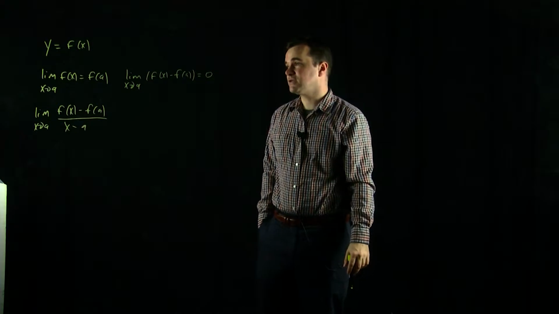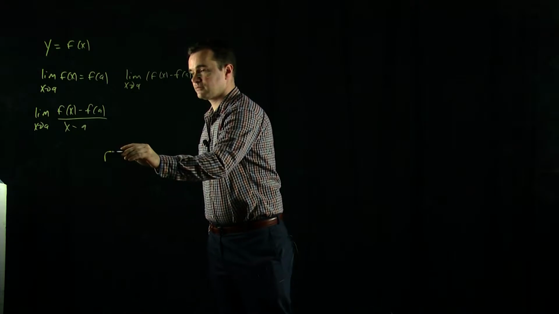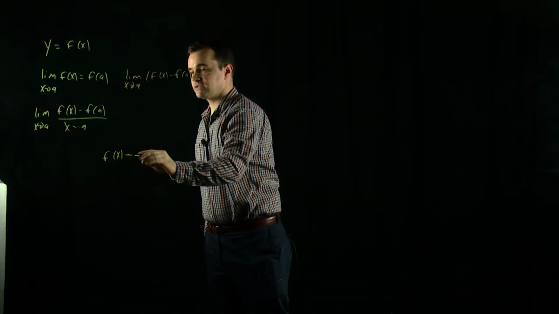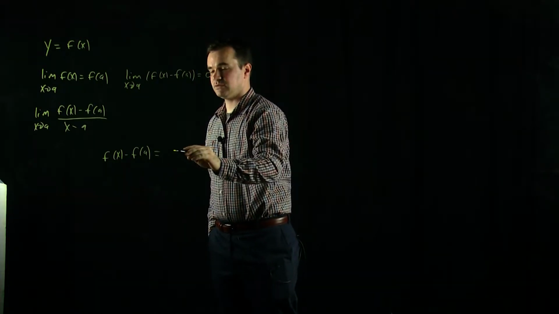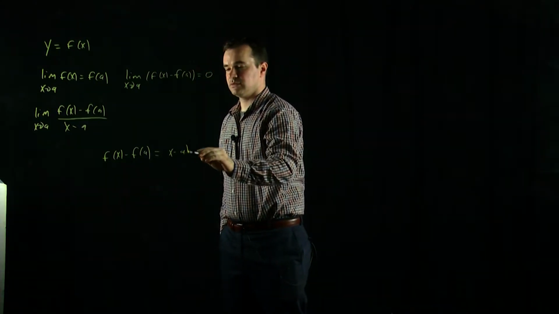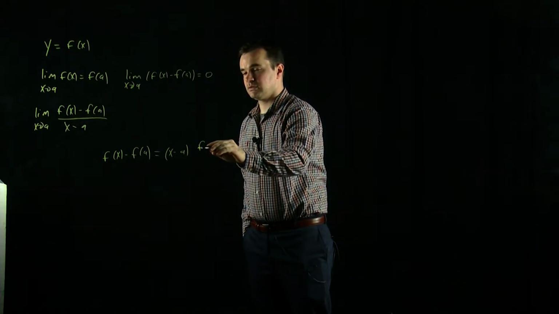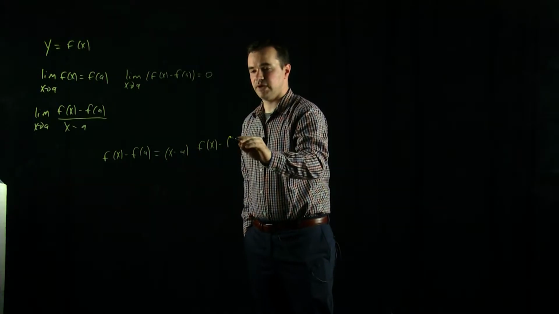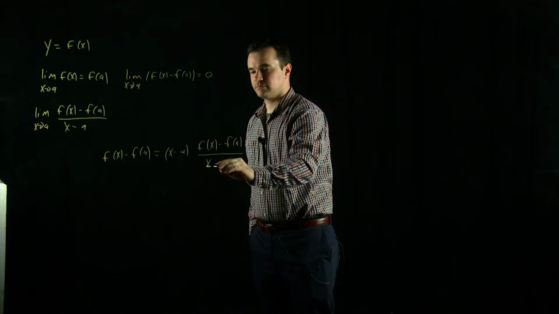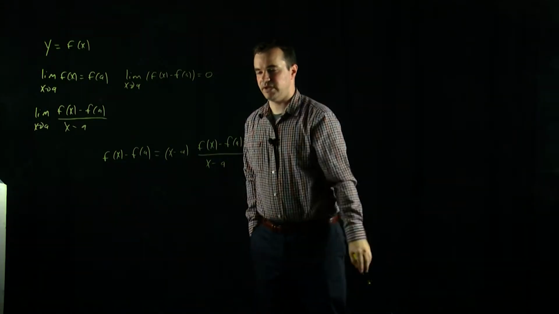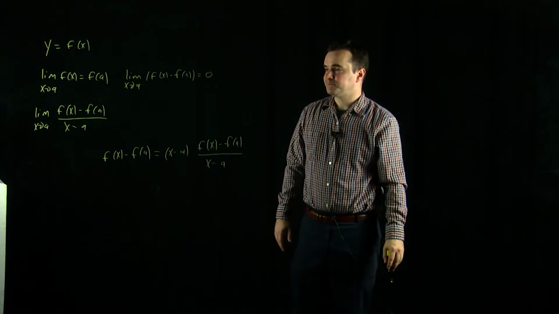So let's start with the equation f of x minus f of a, then this is going to be equal to x minus a times f of x minus f of a, divided by x minus a.